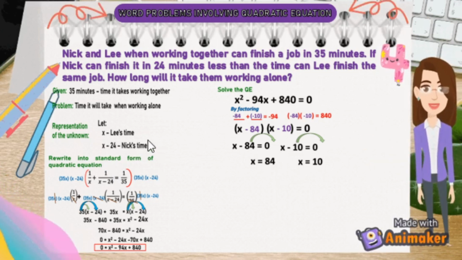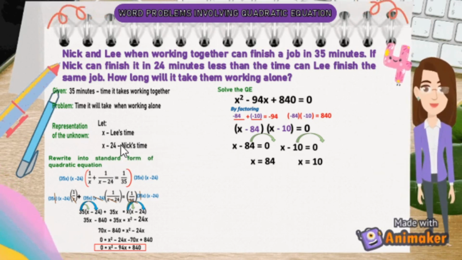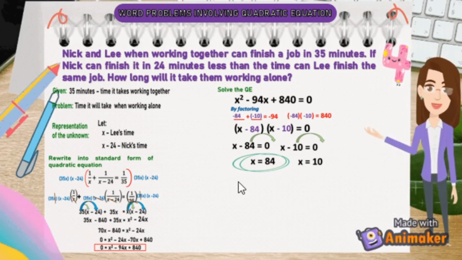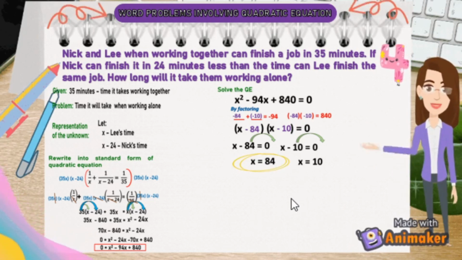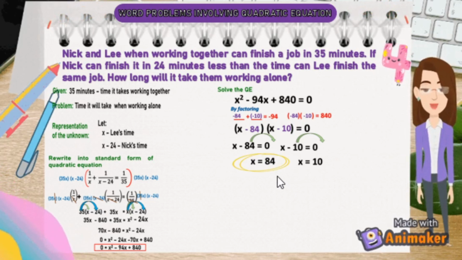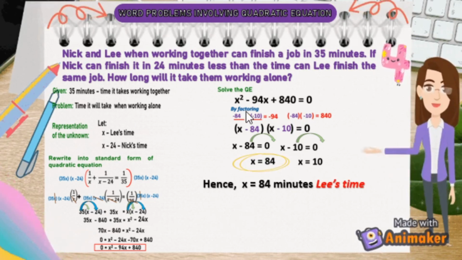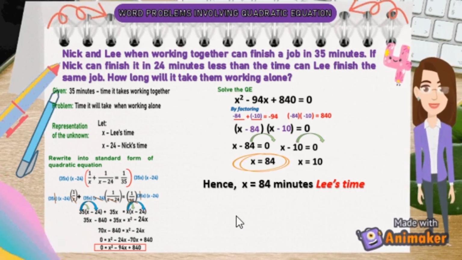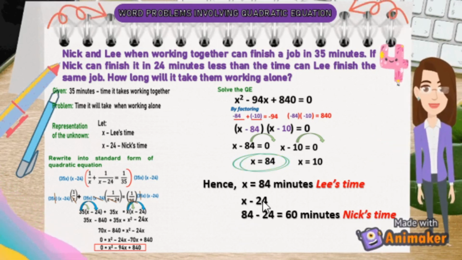So, therefore, magkakaroon tayong negative na sagot, which is hindi pwede as time, no? Kasi magiging negative yung time. So, therefore, ang gagamitin natin or ang solution sa ating problem na magsasatisfy ay yung 84. So, therefore, 84 minutes is least time since yung x nga is considered natin as least time. And then, pag sinubstitute natin yung 84 sa x minus 24, yun naman yung time ni Nick.